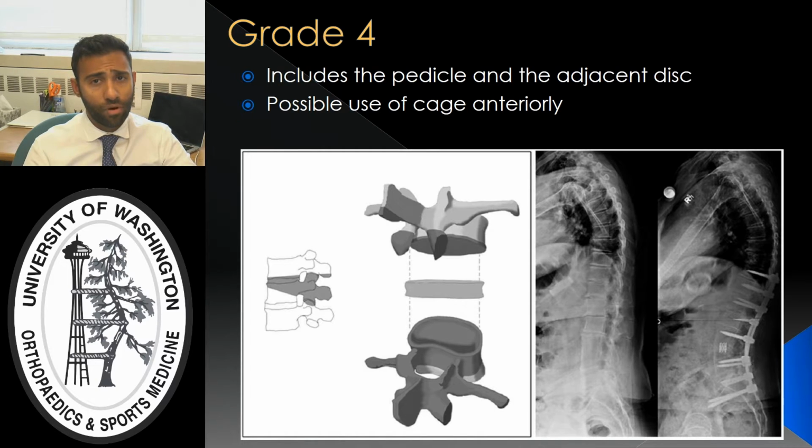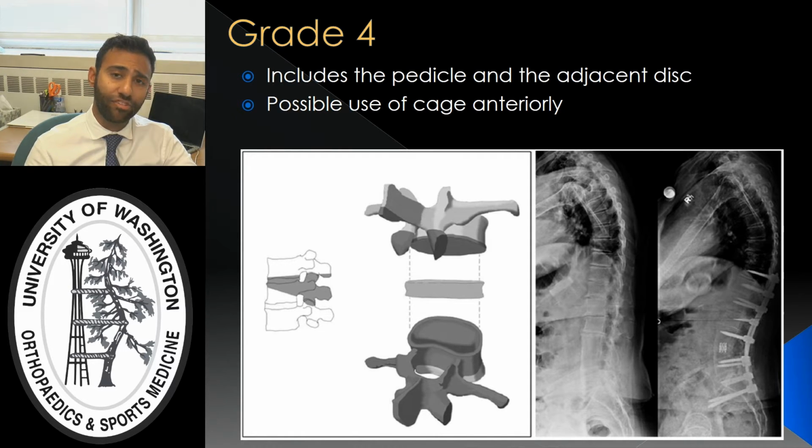A grade 4 osteotomy is an extended PSO, where the pedicle is taken out along with the subjacent disc. This allows for more aggressive correction, but requires fusion from the end plate of the level above to the cancellous bone of the level below.